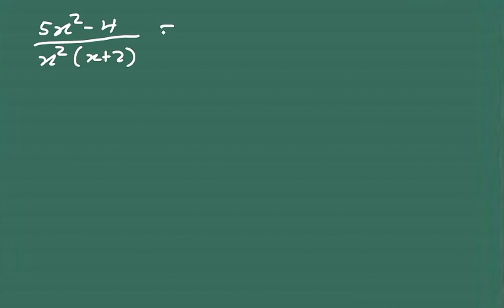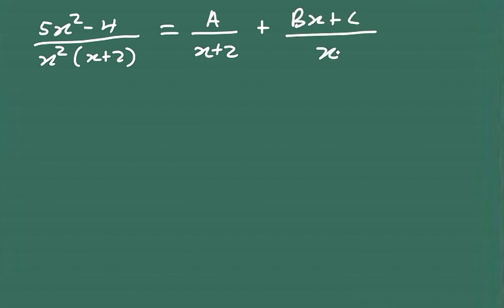So here we are going to rewrite the expression. It was given to be 5x squared minus 4 all divided by x squared times x plus 2, which can be expressed as a all over x plus 2, which is for the linear factor, plus bx plus c, which is for the quadratic factor.